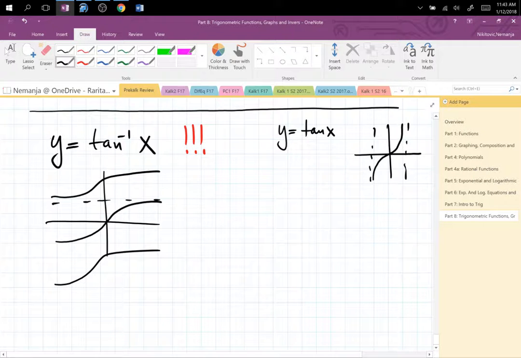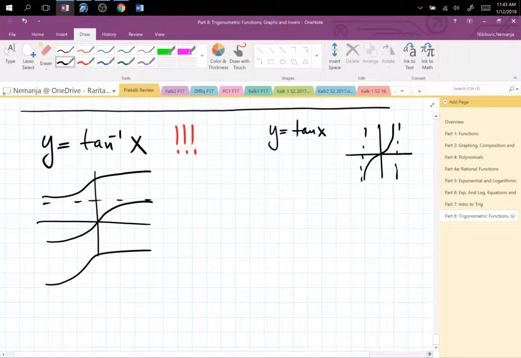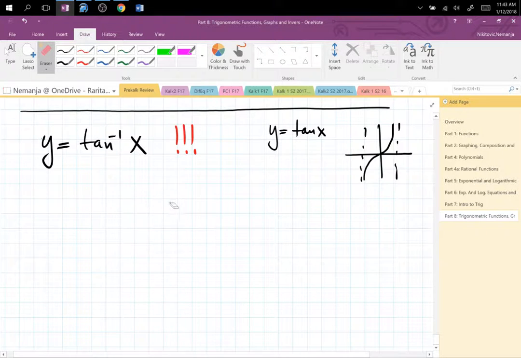What happened now? So we do the principal graph over here, and the principal graph is this one.